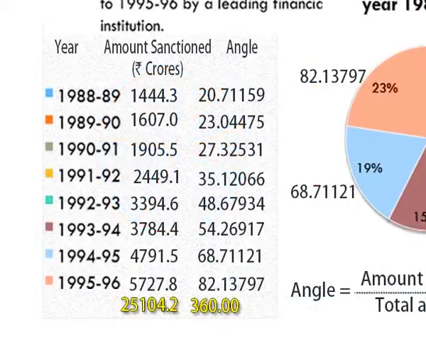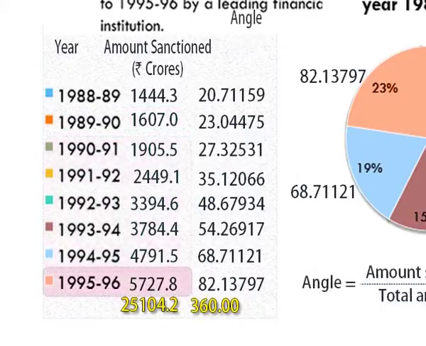For example, here in this table we are provided information regarding the funds sanctioned by a leading financial institution in different financial years. For example, in financial year 1988-89, the financial institution sanctioned an amount of 1444.3 crores, and in the year 1989-90 they sanctioned 1607 crores, and so on.